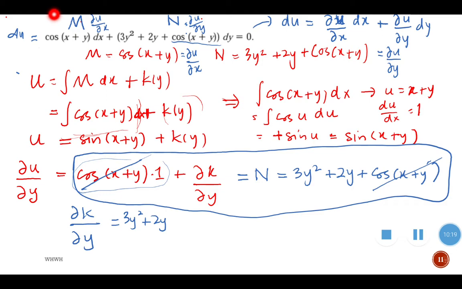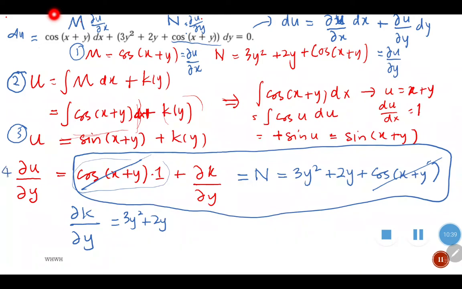This is the next step. First step earlier, what was it? First step was to identify what is M and N. Second step, you use the formula U equals integration of M dx plus K of Y. Third step, solve the integration, so you get U equals this.